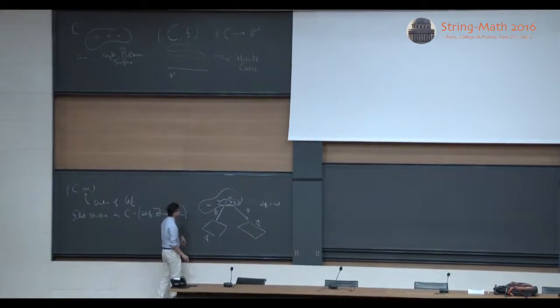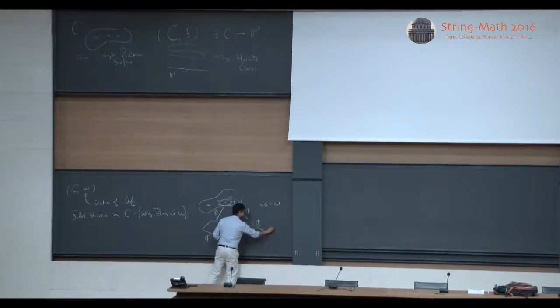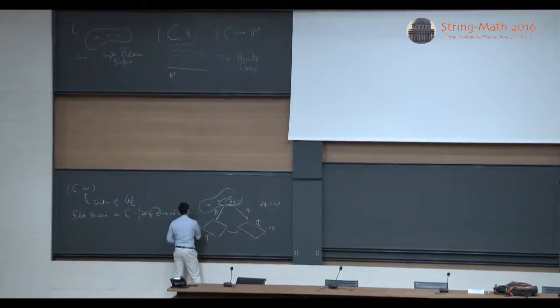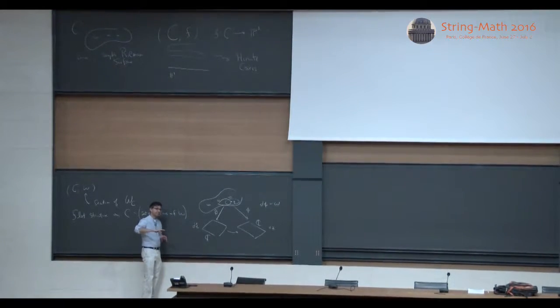And then I can ask, well, how do these local coordinates differ? And if you think about this for a moment, there's a dz here and a dz hat. And the fact that both of these respect omega, it means that this exchange map is just shifting by a constant.